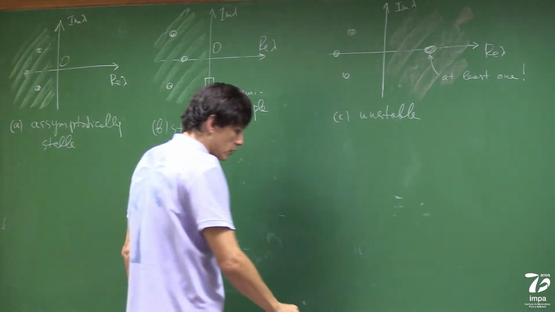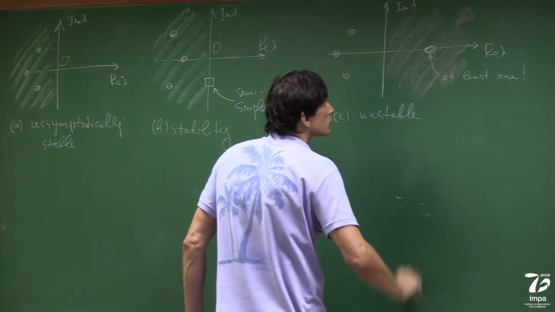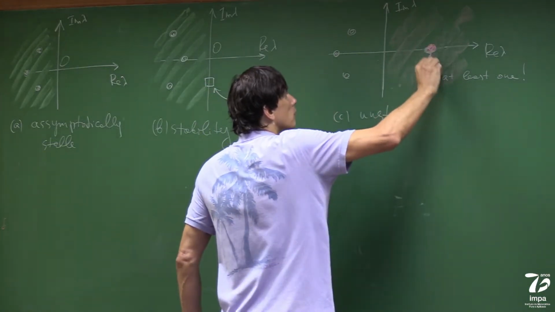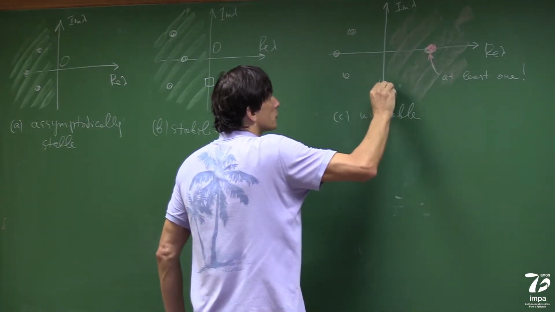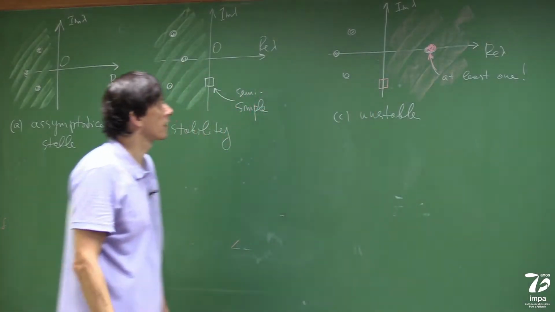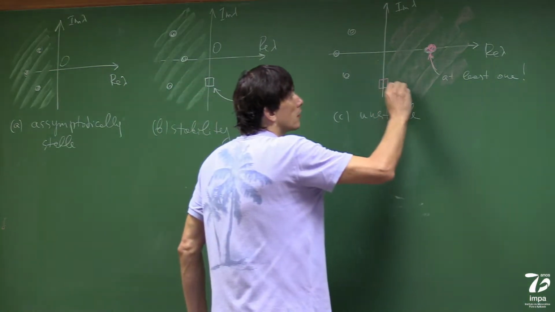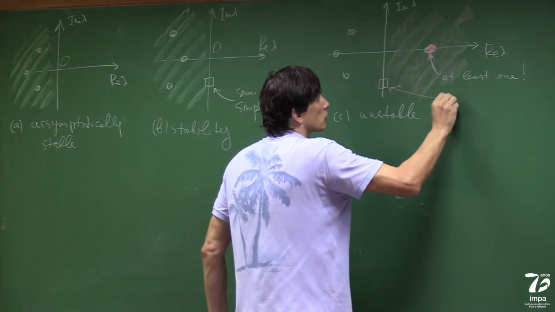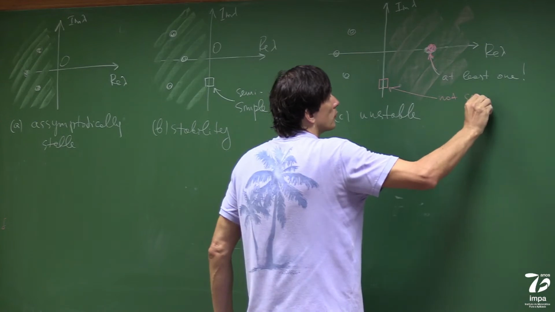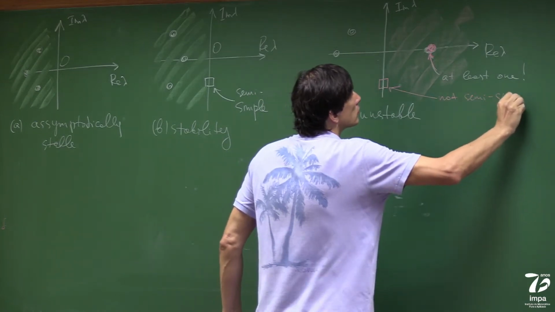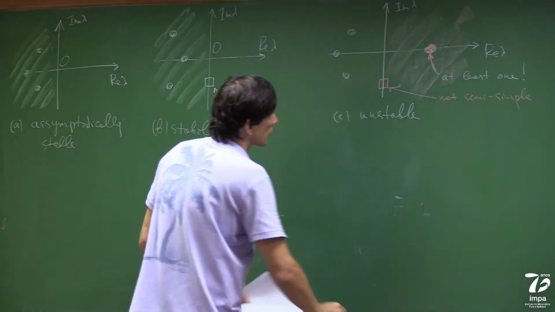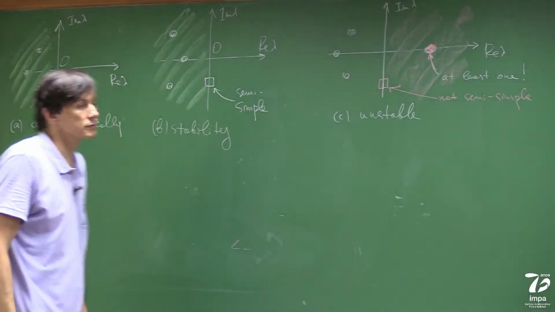Or another option is that you can have an eigenvalue on the imaginary axis which is not semi-simple, so remember that it has eigenvectors and generalized eigenvectors.